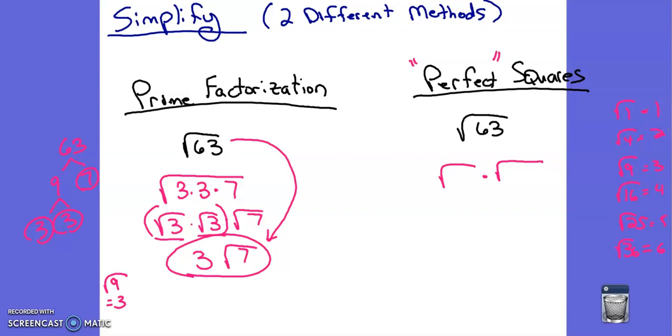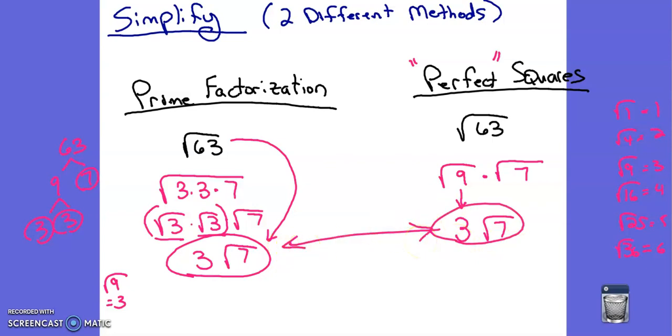That list goes on forever. The square root of 63 is the square root of 9 times the square root of 7. The square root of 9 is perfect and goes to 3, and the square root of 7 stays inside. Notice I got the same answer.